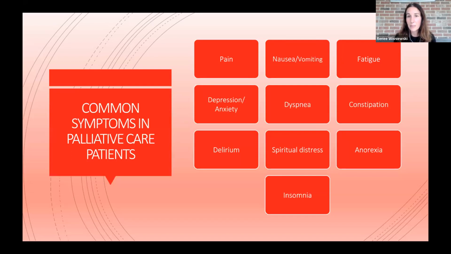Anorexia often present, either due to disease process or treatments. And then insomnia can be related to depression, anxiety. It can be related to medications. It can be related to spiritual distress. And so we'll take a look at each of these symptoms and interventions for primary palliative care.